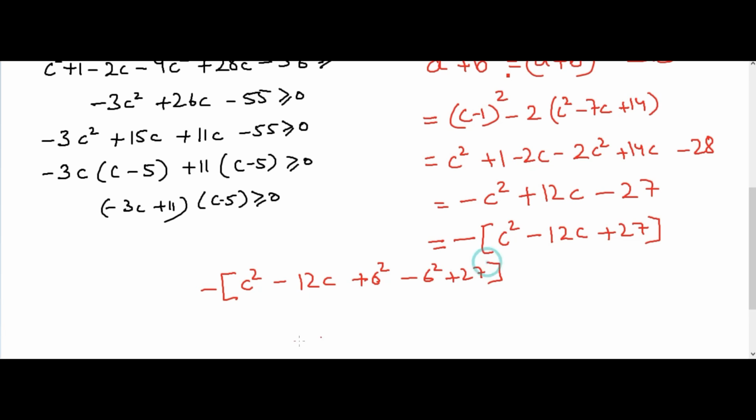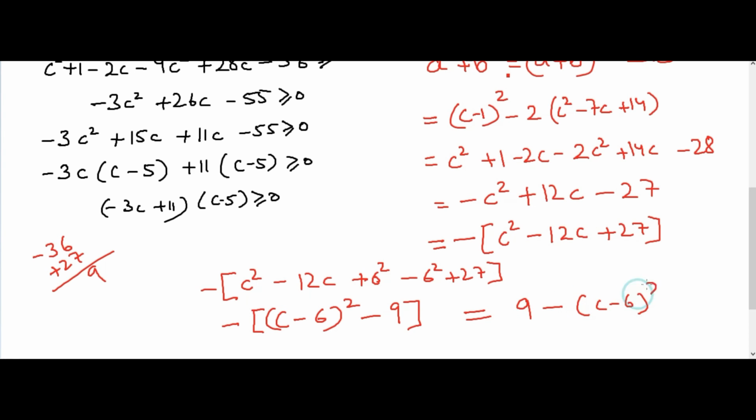Now this is a whole square, so negative c minus 6 whole square, and this portion will be negative 36 and this is positive 27. So it is going to become 9, and we are left with negative 9, and when you open this bracket you are left with 9 positive and negative of c minus 6 whole square. You know the biggest value for this thing is going to be at 6.